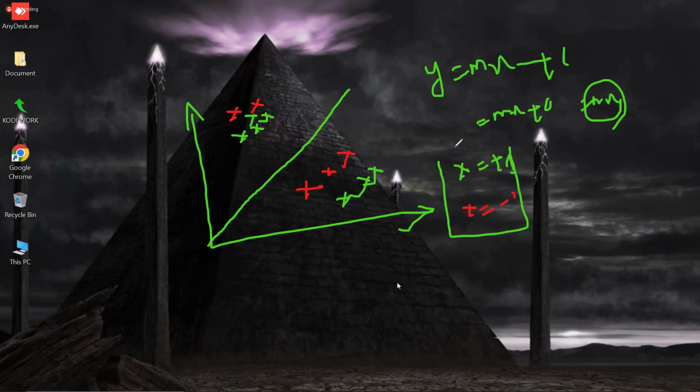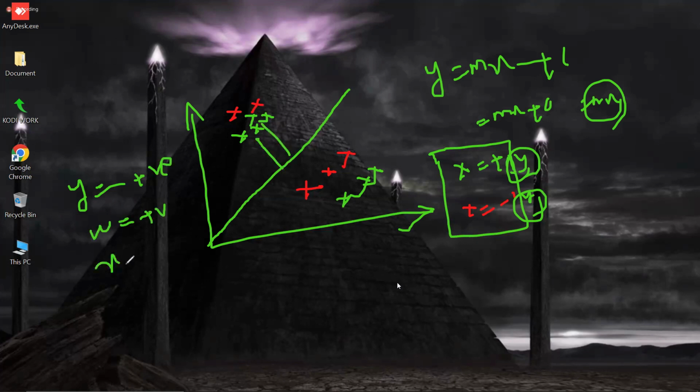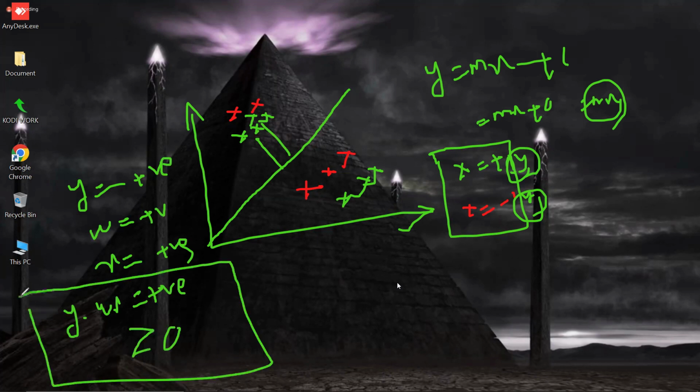So the blue point is positive 1, and here I can say y is positive in this scenario, y is negative in this scenario. Now let's apply in this part: y equals positive, w equals positive. So the distance is positive. So y into wx is positive, which is greater than 0. Are we clear or not? Next one, this one. So y equals negative.